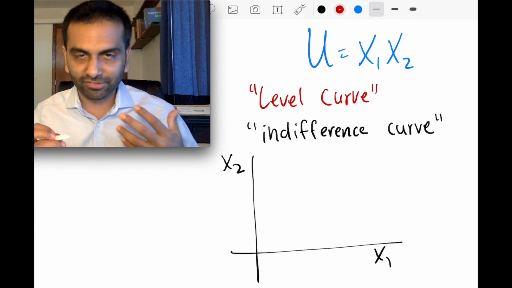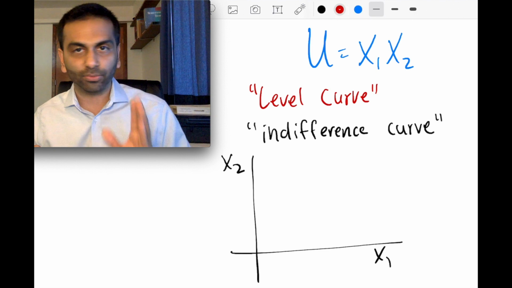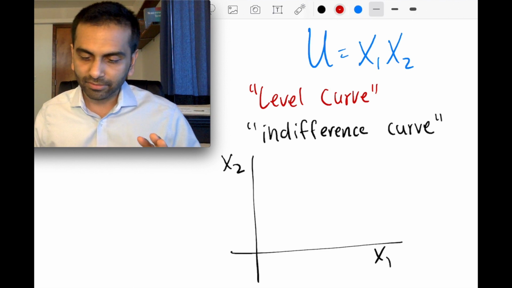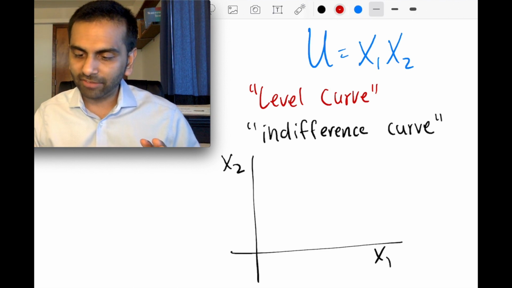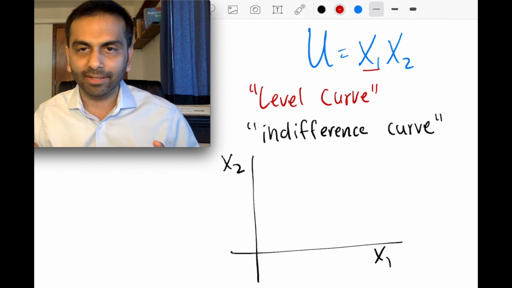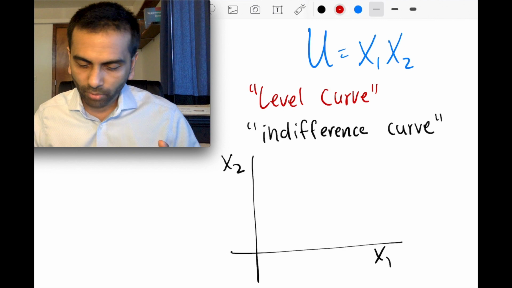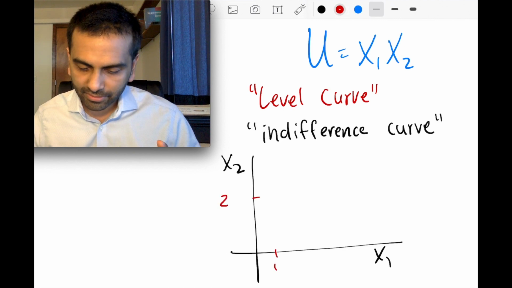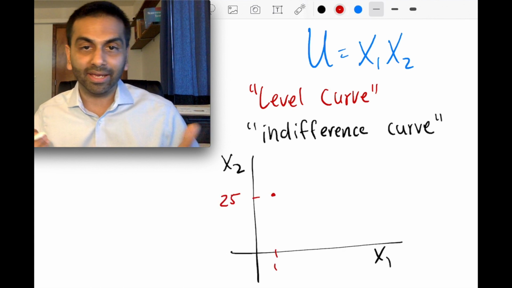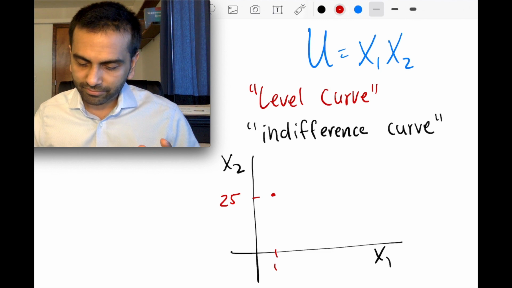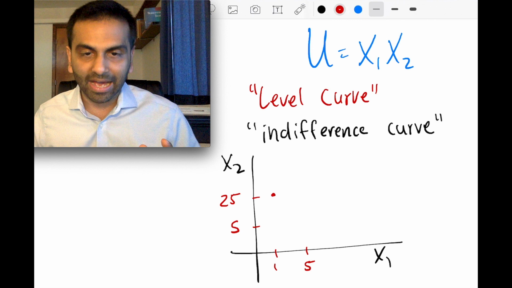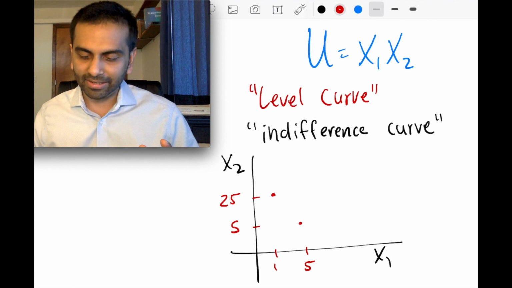So I'm going to set utility equal to 25 and see what happens. Let's think about it. If this is 1, then x2 would have to be 25 in order for their product to be 25. So 1 comma 25 is a point on my indifference curve. If x1 was 5, then this would be 5, right? 5 comma 5 is a point on my indifference curve.